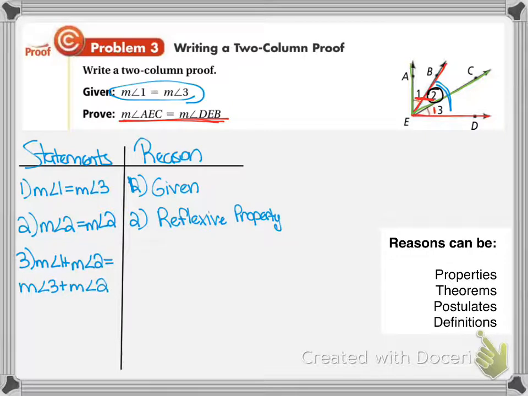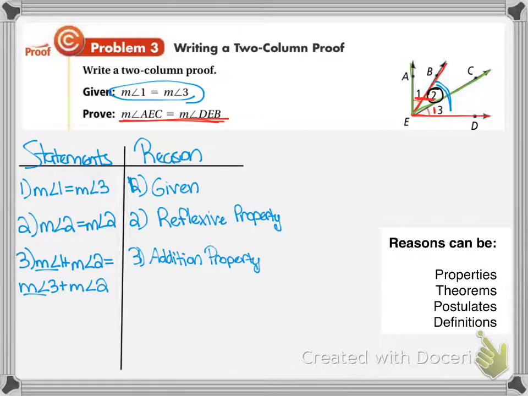I know this because I already knew that those two were congruent. I'm just adding something to both sides. So because I'm adding something to both sides, that would be the addition property.